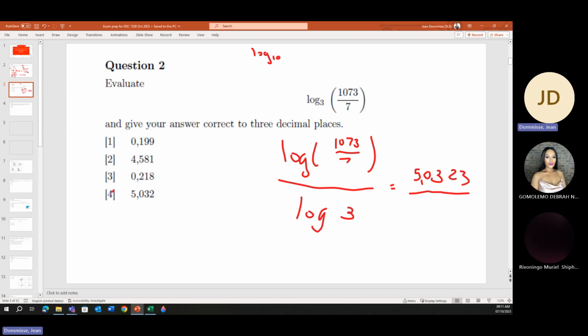We still need to divide by the log of 3, which is 1.0986. If I do that, my answer will be 4.581, which is option 2.